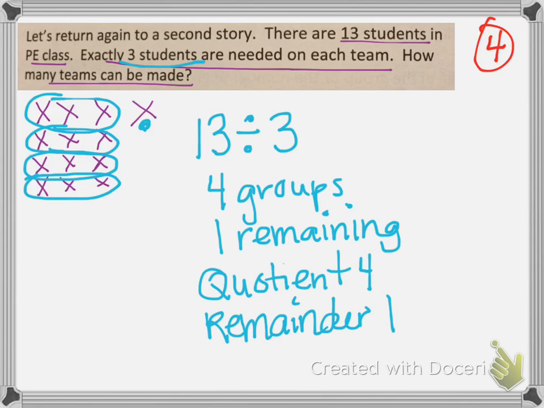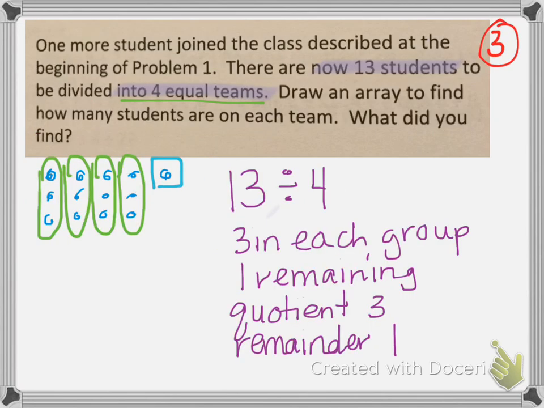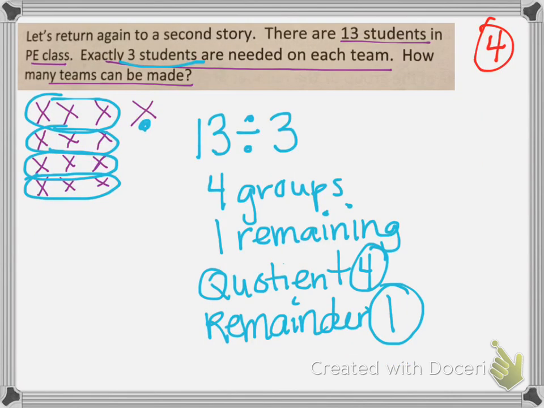So the quotient means there are 4 groups. The remainder means there's 1 extra person. 4 groups with 1 extra person. Back here, the quotient means 3 in each group, and 1 extra person. So we got to know what those remainders mean.